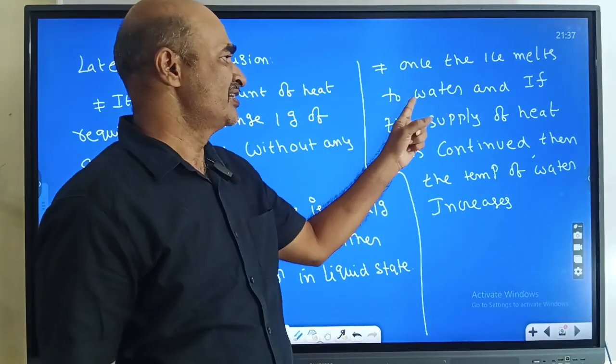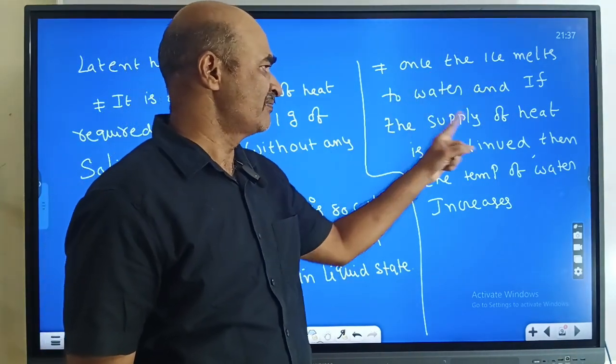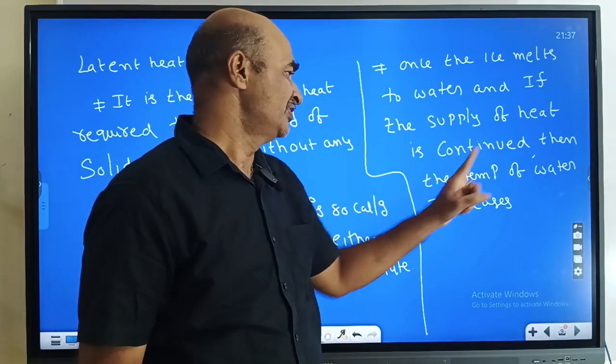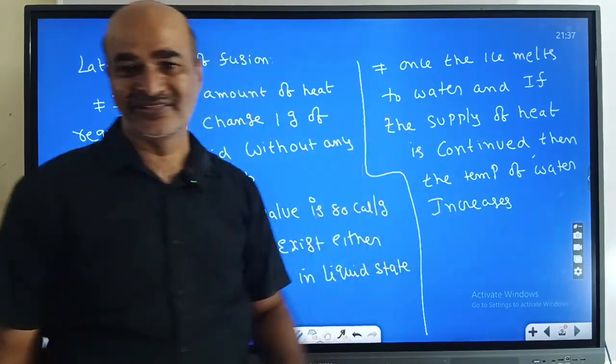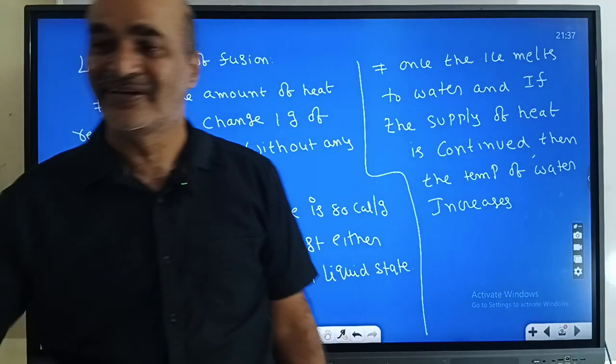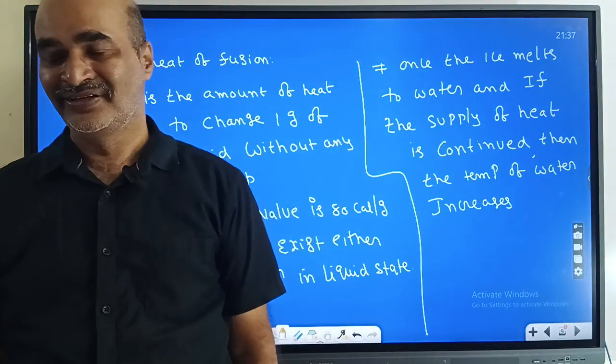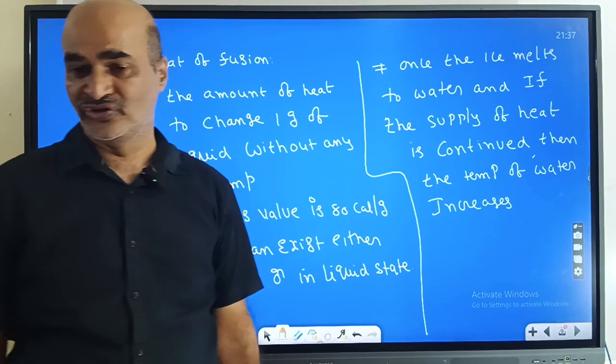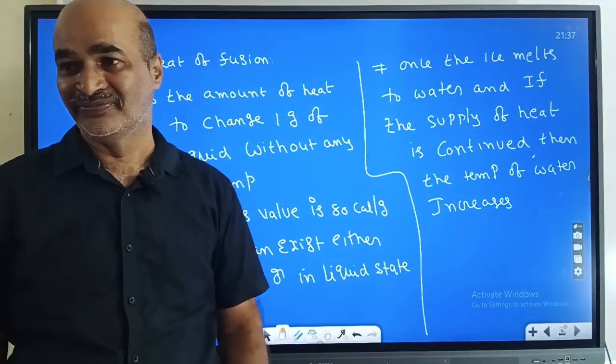Once the ice melts to water, and if the supply of heat continues, then the temperature of water increases. This is called latent heat of fusion.